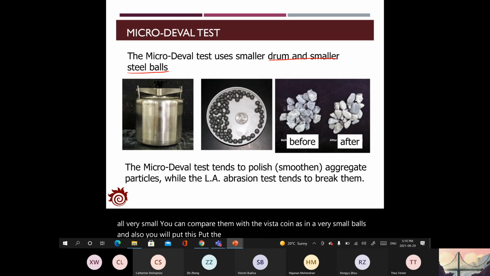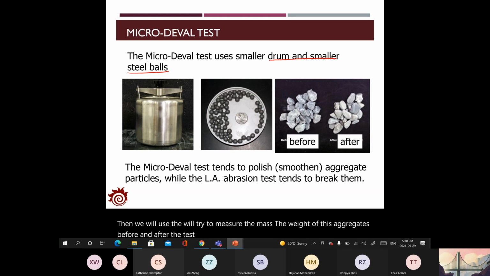the drum and then rotate them many times. After this test, you will observe that the aggregates are polished instead of cracked into smaller pieces, and then we measure the mass, the weight, of these aggregates before and after the test.